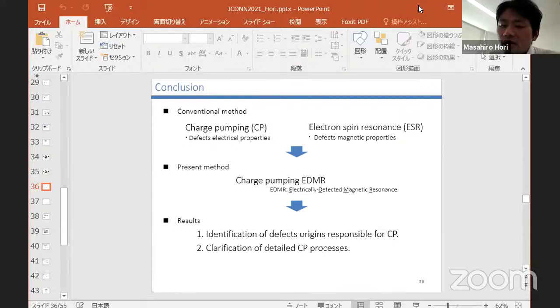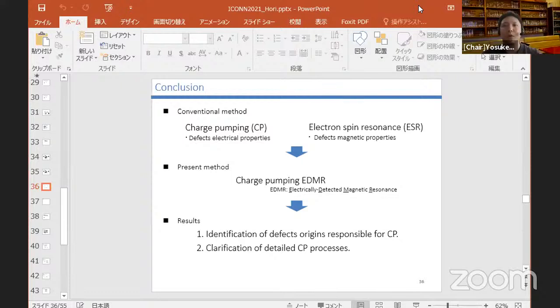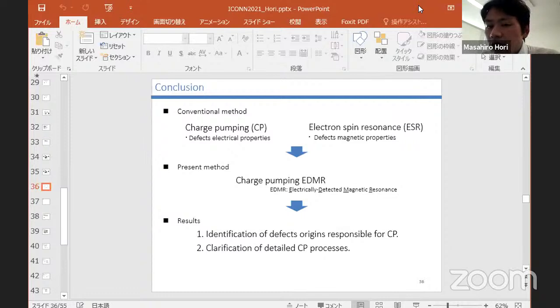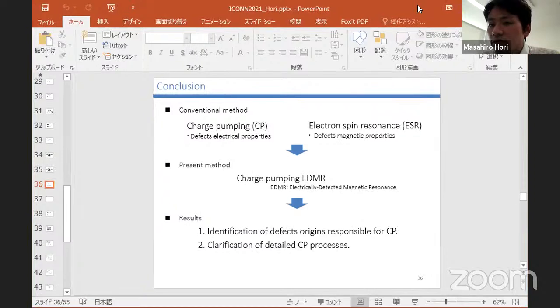So if there is no deep level, recombination does not occur by a shallow state. But the shallow state has a very important role because it supplies the electron spin to the defect state. So the shallow state and deep level state are both required for the observation of the signal.